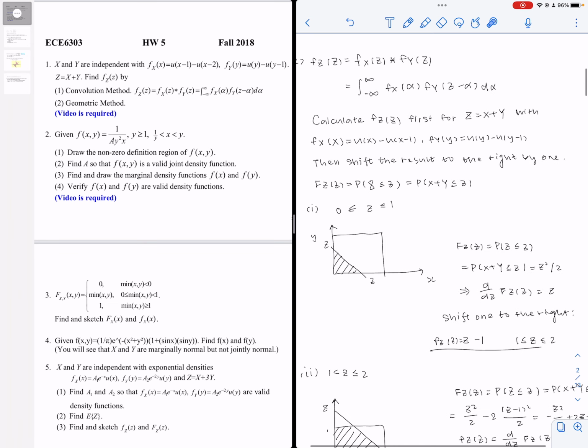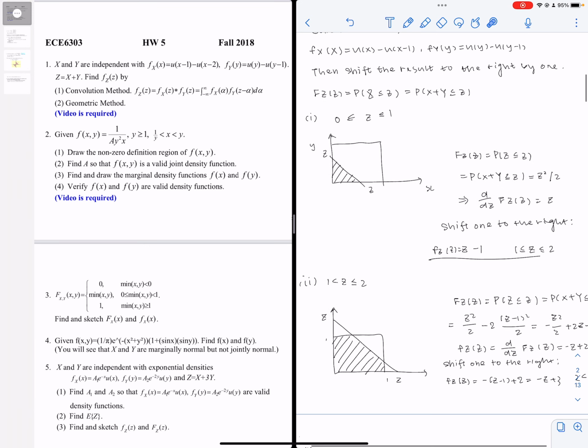And so the cumulative probability of z is when z is less than this. Let's switch z to x plus y. Here we'll have this line here that is x plus y is less than z.